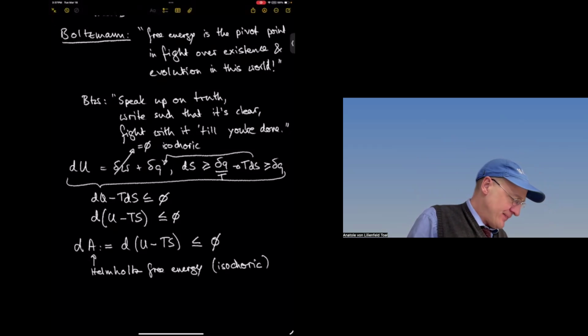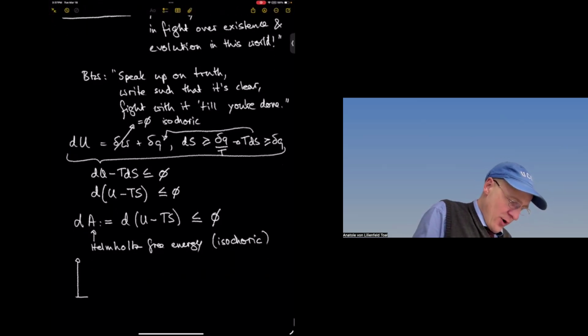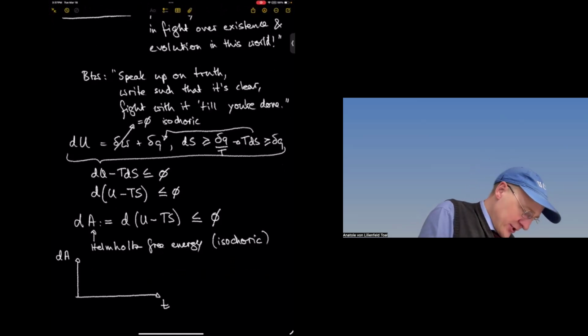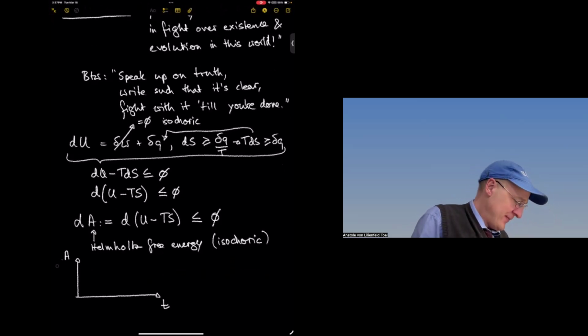So the history of the world can then be plotted as a function of time, and the A, right?